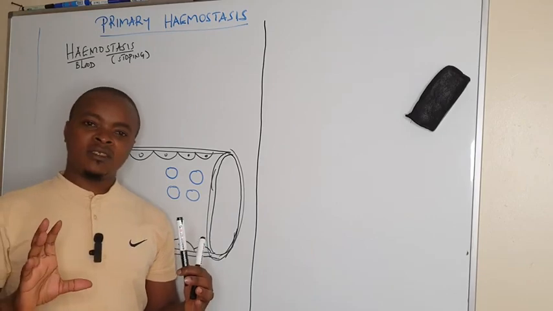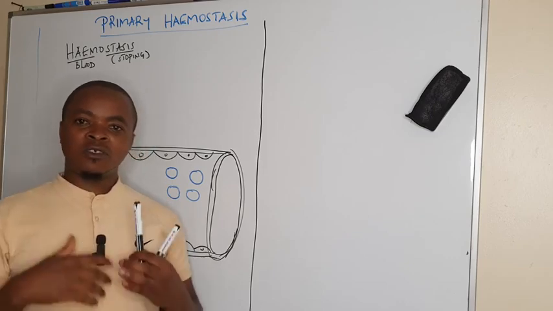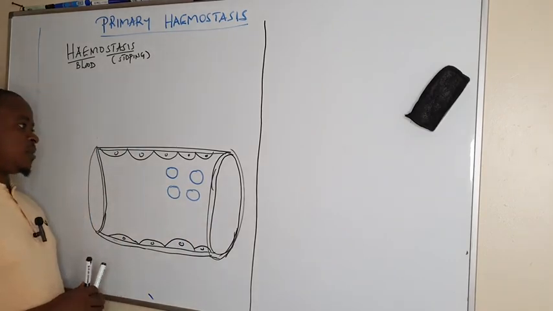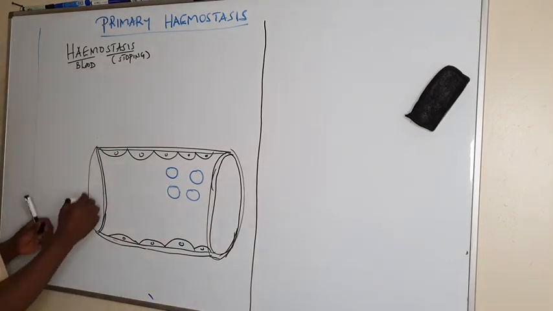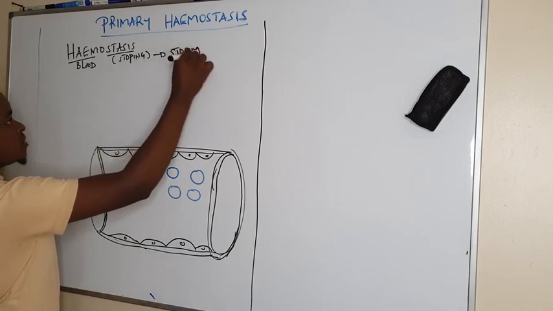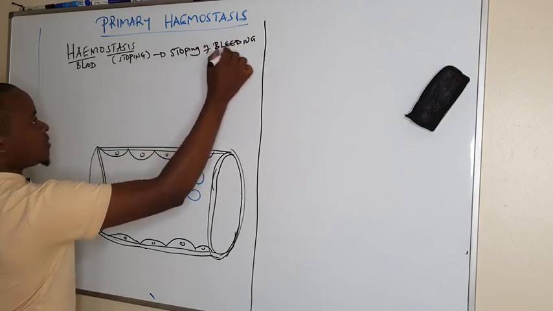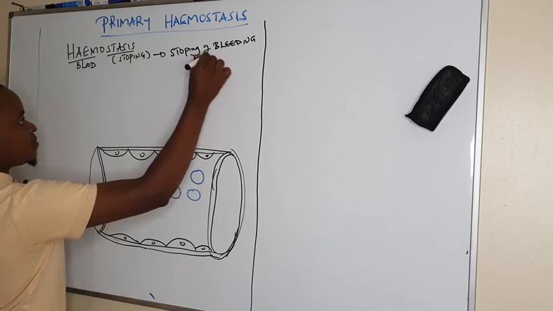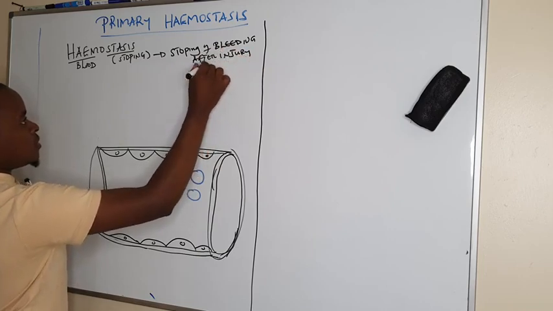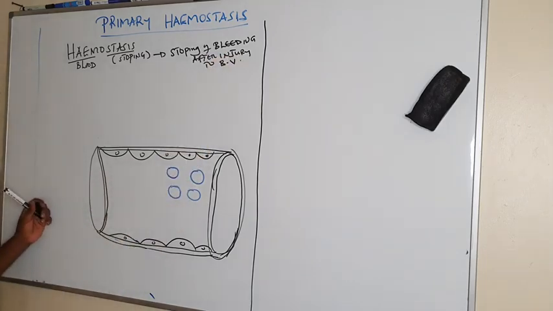So hemostasis, in summary, is the stopping of blood flow or stopping of bleeding, especially after the injury to blood vessels. So that is what we call hemostasis.